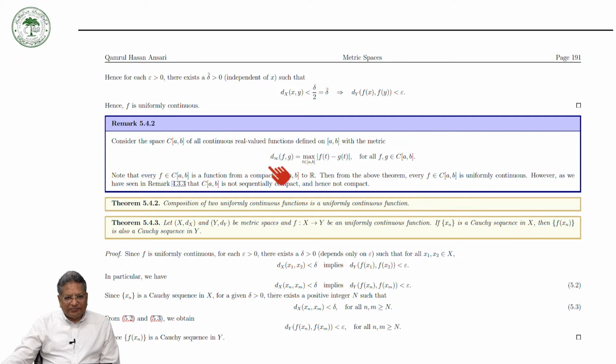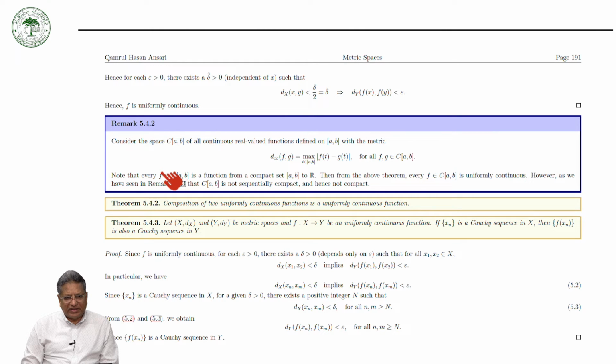And note that a function f in C[a,b] is a continuous function defined on a closed and bounded interval [a,b], so in R it is compact.